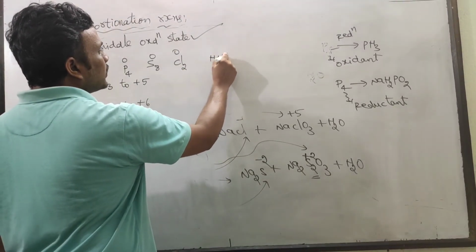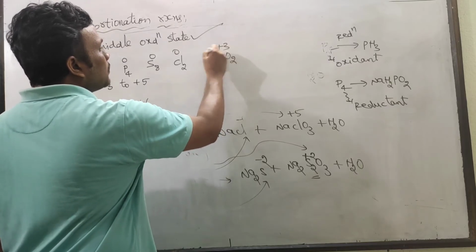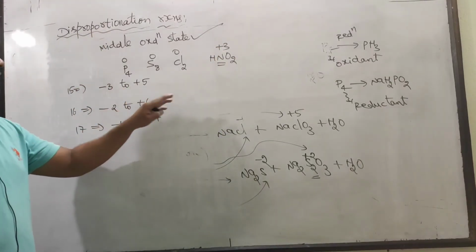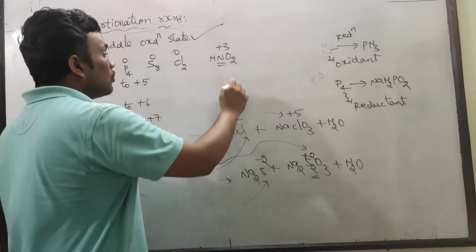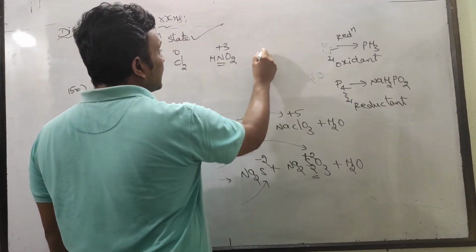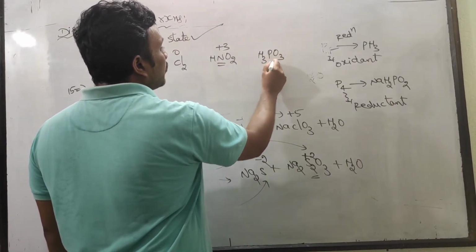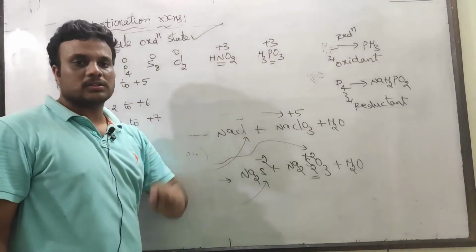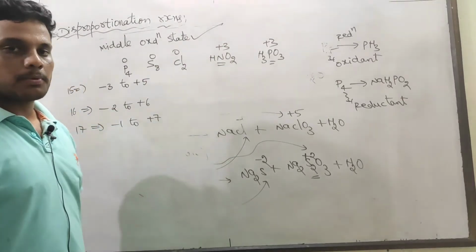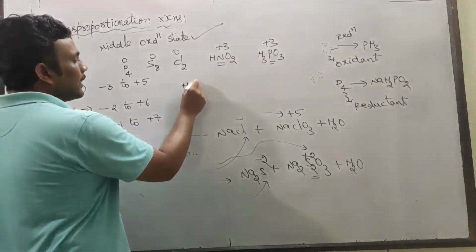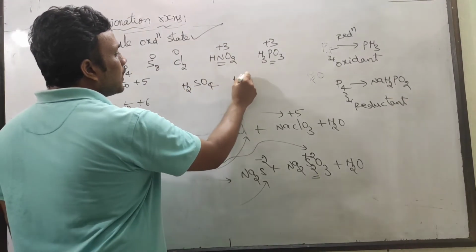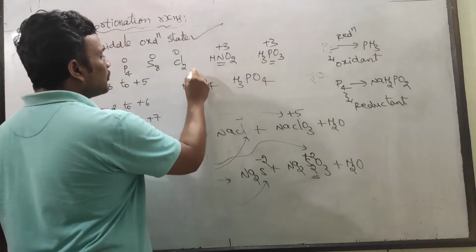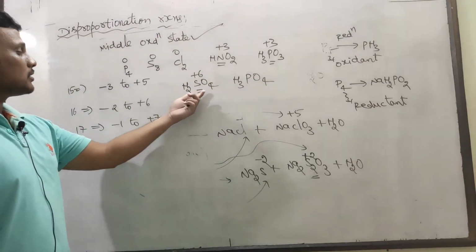Suppose we are given HNO2: nitrogen is in the +3 oxidation state, in the middle of these two. It can undergo a disproportionation reaction. H3PO3 is given, +3, group 15 runs -3 to +5, so middle oxidation state. It can undergo disproportionation. If you are given sulfuric acid or H3PO4, sulfur is in +6, the highest oxidation state.